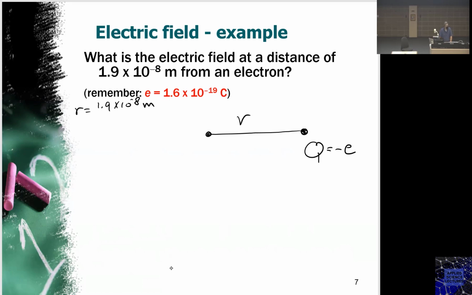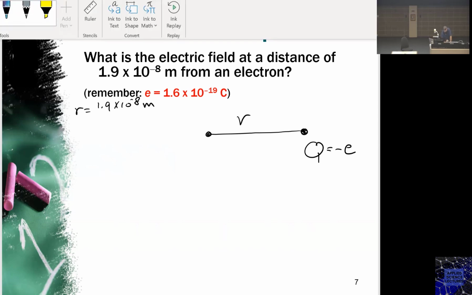So since the capital Q here is negative, it's an electron, then it makes sense that the electric field will be pointing toward this capital Q, right? Because we said that the electric field would be pointing toward the negative charge.